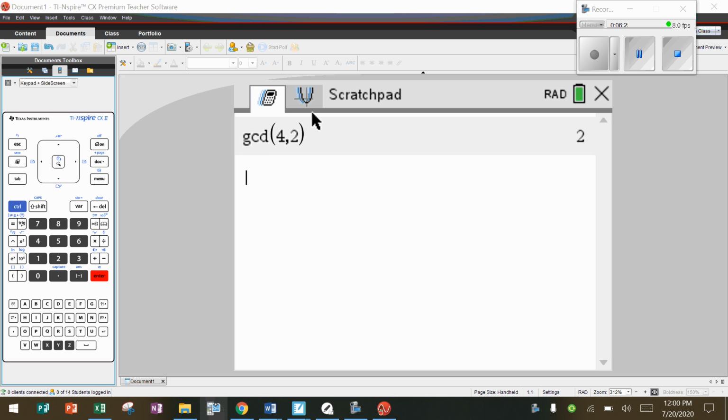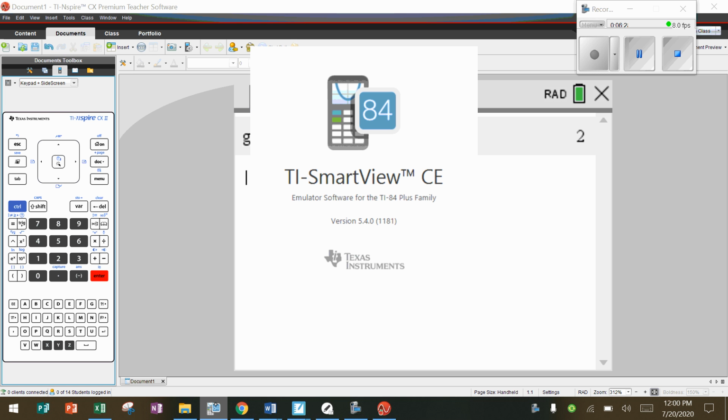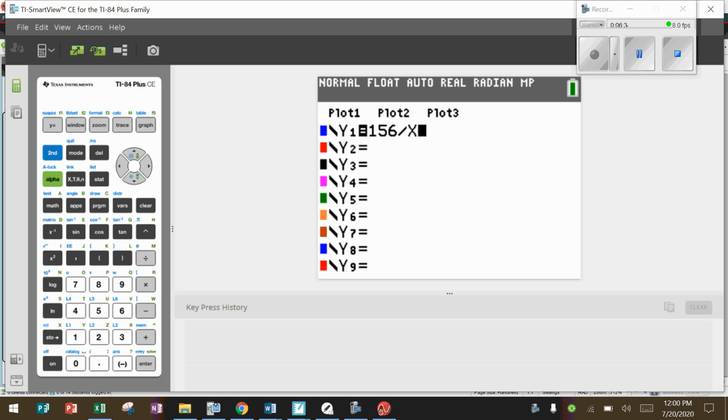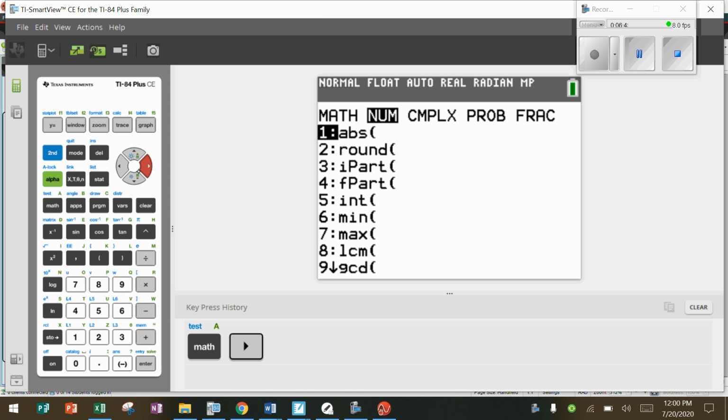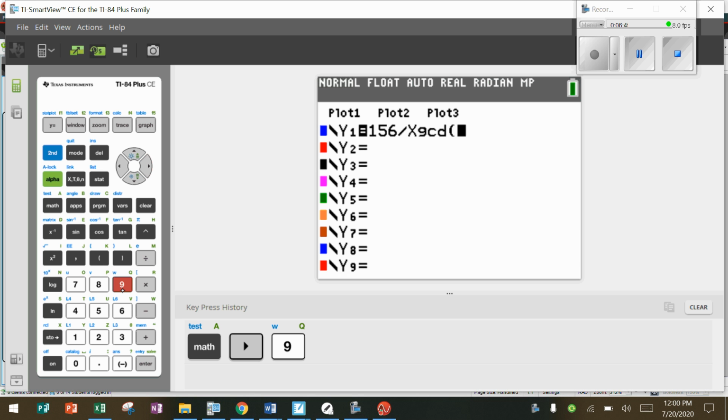If you have one of the Texas Instruments graphing calculators, a TI-84 or an 85, I think the 86 is probably similar, or even one of the older ones, an 83, we can go to the math menu, over to number, right here, and in our list, GCD, number 9, greatest common divisor.